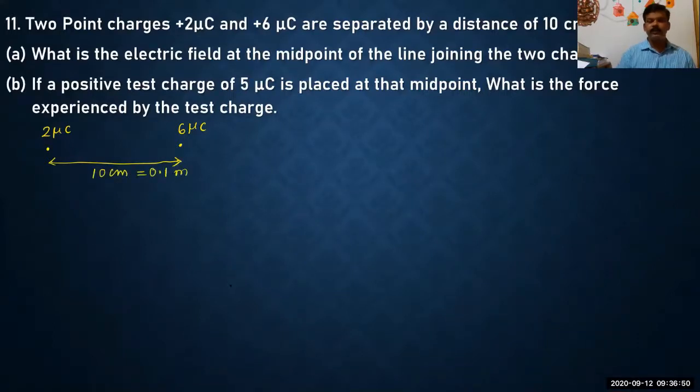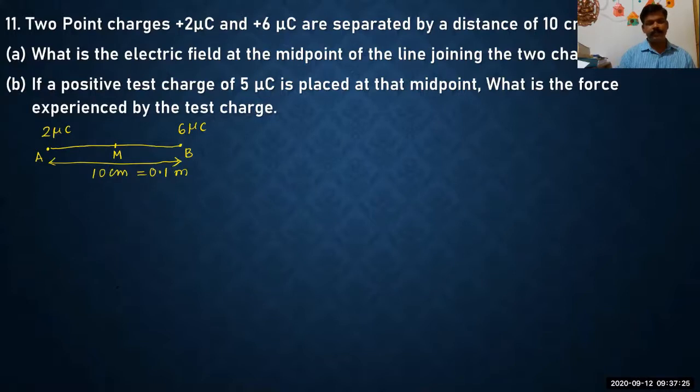What is the electric field at the midpoint of the line joining the two charges? Suppose A is one point, B is the other point where the charges are present, and M is the midpoint of AB. Then at M you have to calculate the electric field.